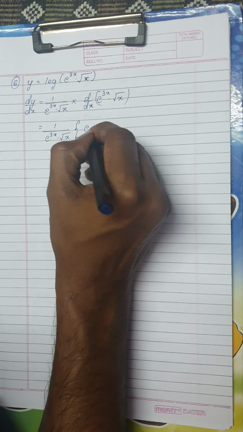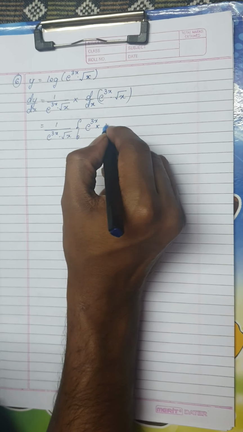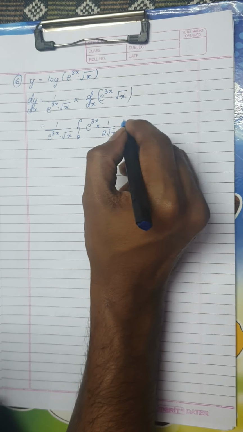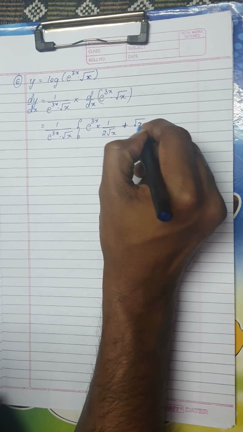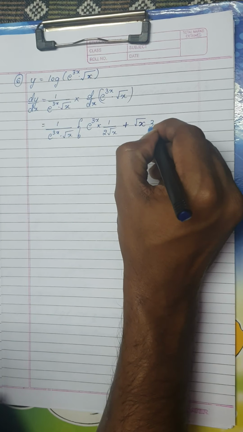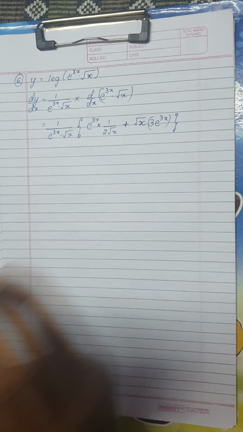Please be careful. So it is e power 3x into the derivative of root x, which is 1 by 2 root x, plus root x as it is, into the derivative of e power 3x. What is the derivative of e power 3x? 3 into e power 3x.